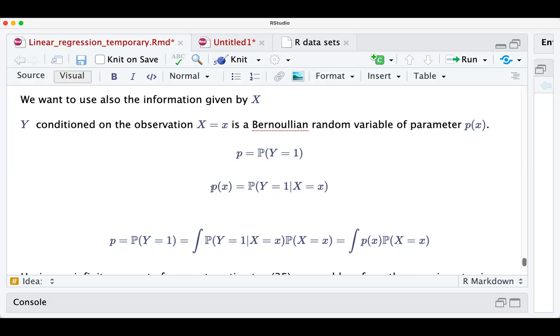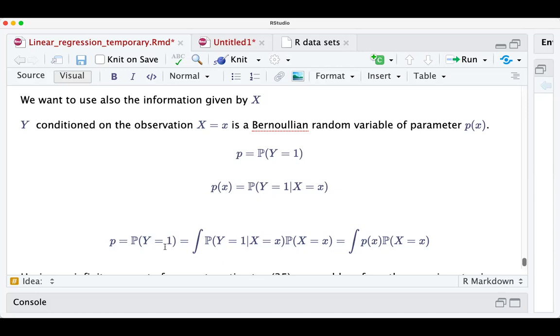It won't be constant with the age. Then, if you take a random person, not considering the age, of course, the parameter gets a little bit weighted.